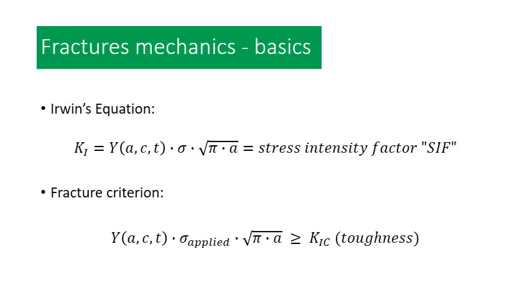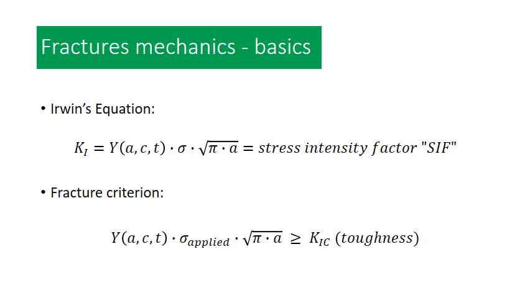Now I'm going to assume that anybody that's watching this video has some interest in pipeline integrity and some experience, I hope, with crack management. So when we look at the fracture mechanics basics, we're going to look at Irwin's equation. Irwin's equation defines the stress intensity factor K as being a function of Y, which is a compliance factor. That's a geometric factor that depends on crack depth and length and wall thickness.